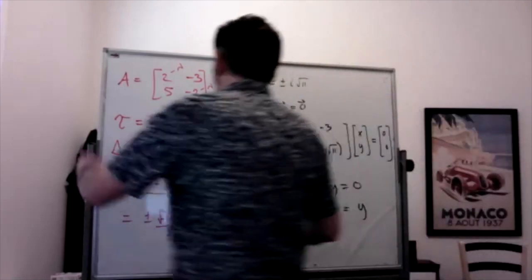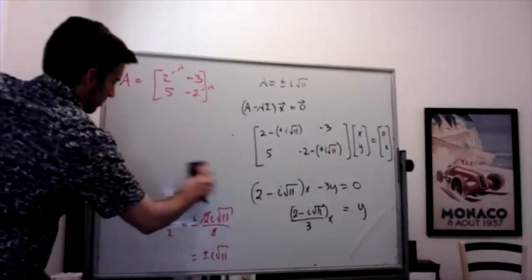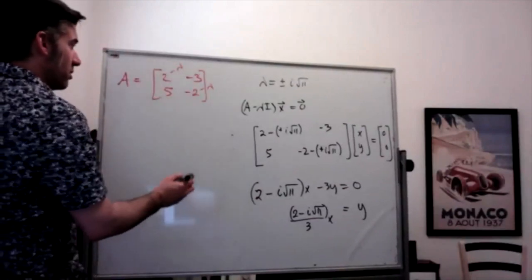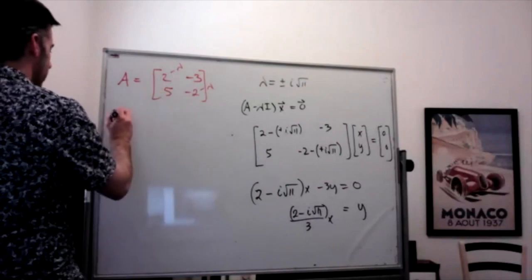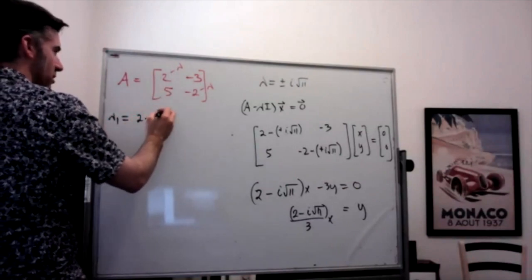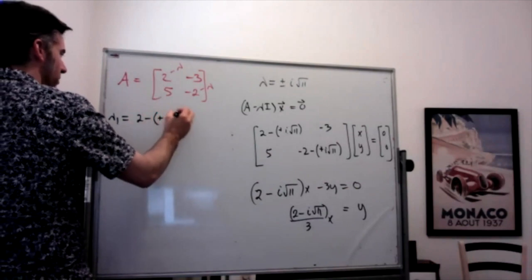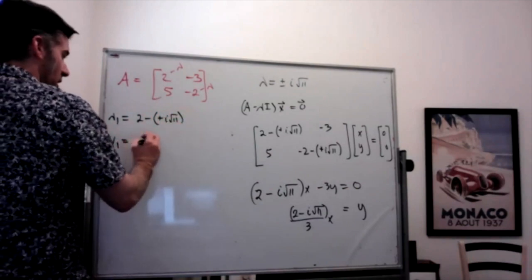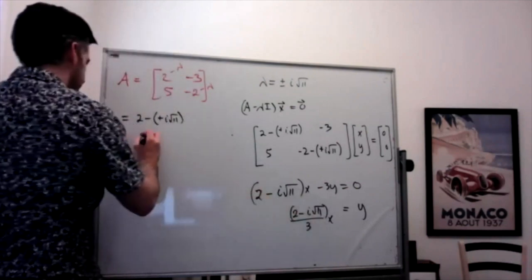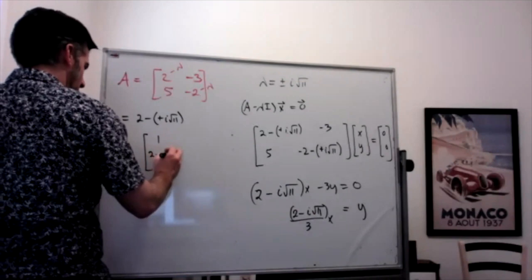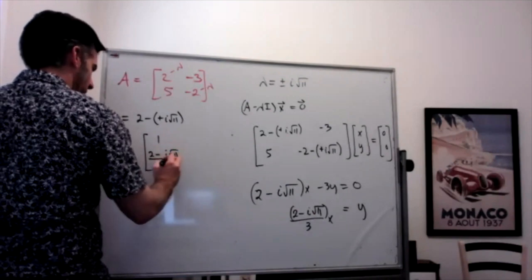So my eigenvector, again, lambda 1 is 2 minus positive i root 11, and the eigenvector for that is going to be x can be 1, and y is going to be (2 minus i root 11) over 3.